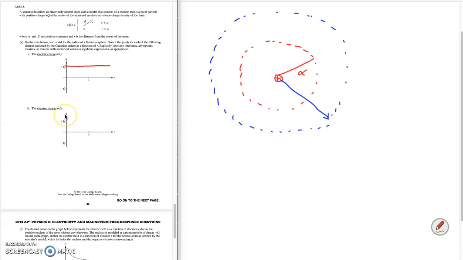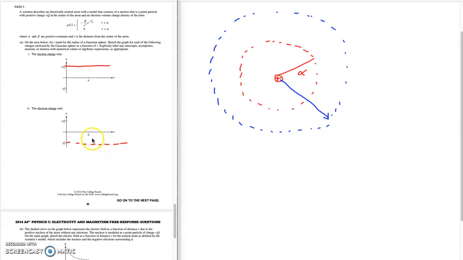Now the electron charge, first off, electrons are negative. Second off, once we get to radius alpha, we've enclosed all of the electrons. The idea being once you're outside the atom, there's no more parts of the atom out here where I put my blue dot. This is empty space. So we're going to have an asymptote here.